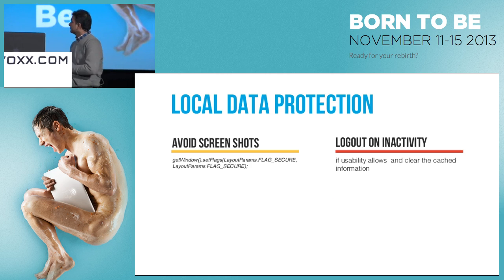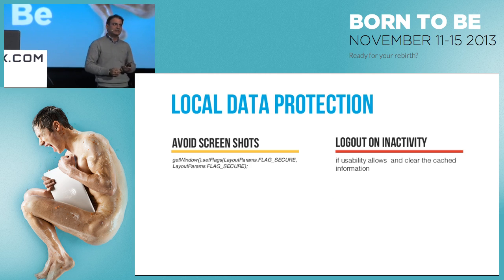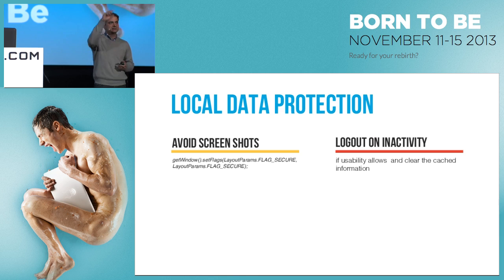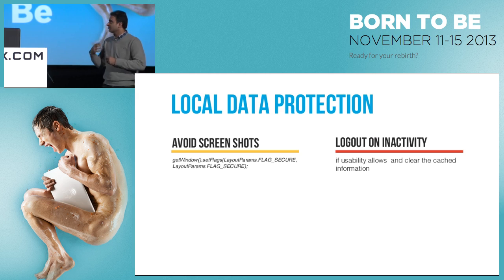Next one, which is also very important: usually in your taskbar of recent applications, if you long press, you see a list of applications which have been running behind the scenes or recently run. You see the screenshots there and you can click on them. With this flag, you can disable those screenshots, or disable your application from displaying on insecure displays.